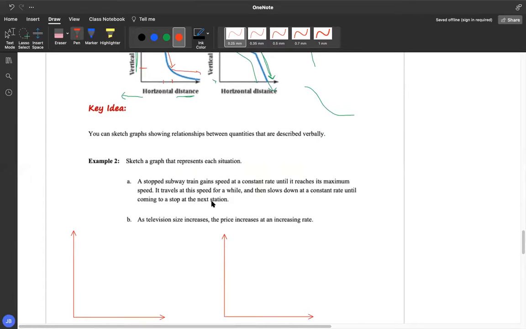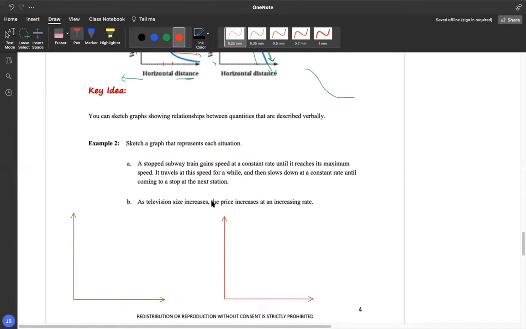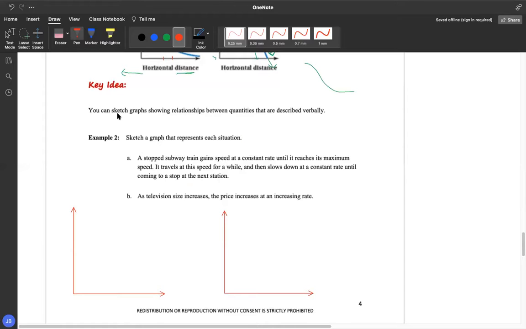Can I do A? Yeah, you can try A, Julia. Let me read the key idea, and then you can go for it. This says you can sketch graphs showing relationships between quantities that are described verbally, kind of like we did, but opposite. So it says sketch a graph that represents each situation.